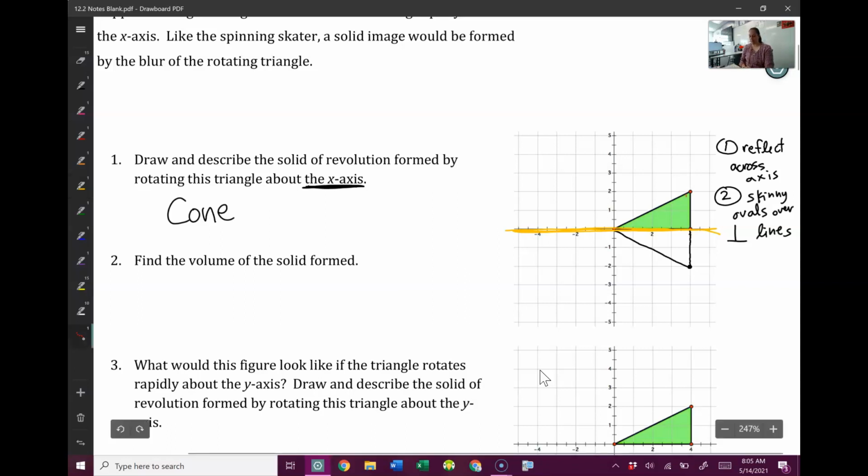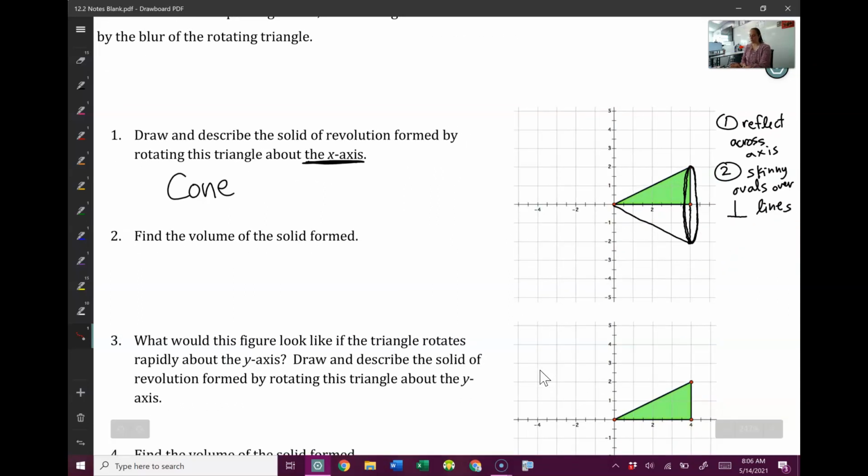This line is perpendicular to that axis, so I'm going to take that line and draw a skinny oval around it. I got my skinny oval around that line, and right away you can start to see our cone shape. That skinny oval makes the cone kind of look 3D, kind of come to life. So there, I've now drawn my cone shape.